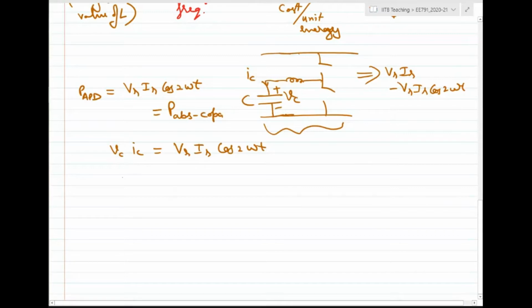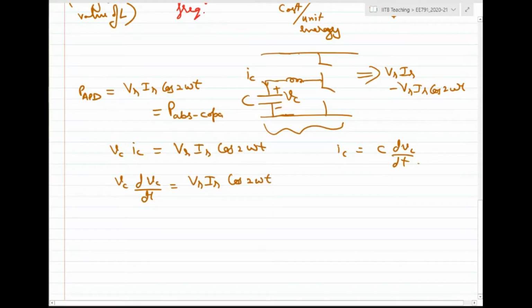I can substitute IC as C dVC by dt, and then I can say VC dVC by dt is equal to VR IR cos of 2 omega t.